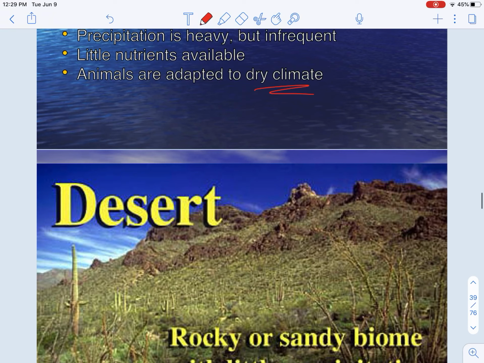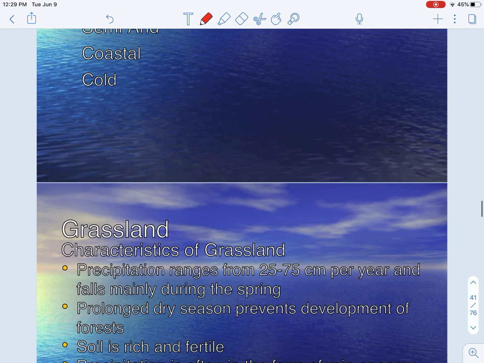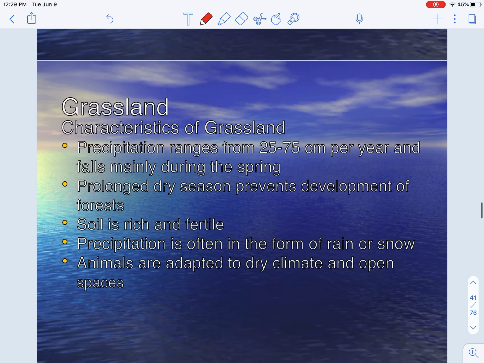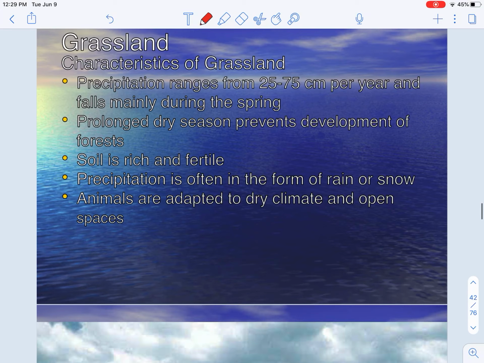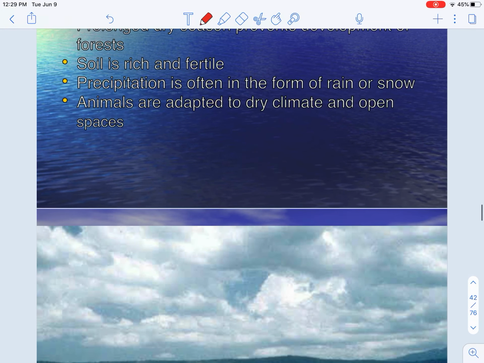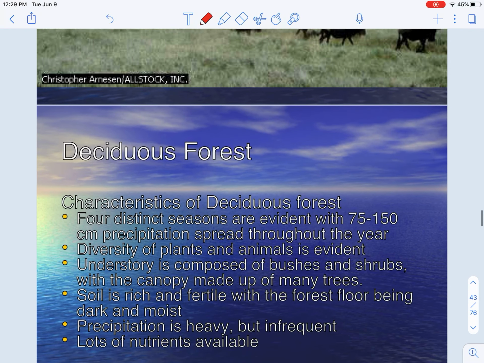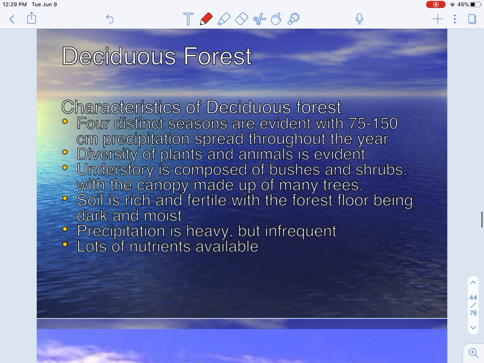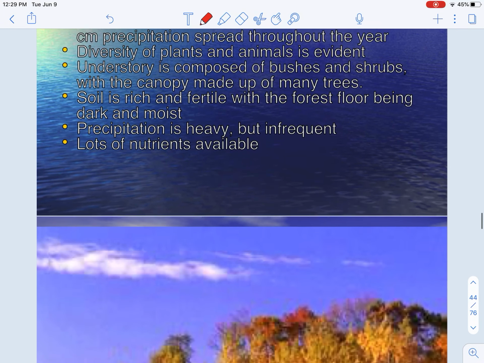In desert, very little precipitation, very little plant life. Animals have to handle the dry climate. And there are different deserts, by the way. Grasslands, a bit more precipitation here, and soil is rich, and animals are adapted to the fairly dry landscape.